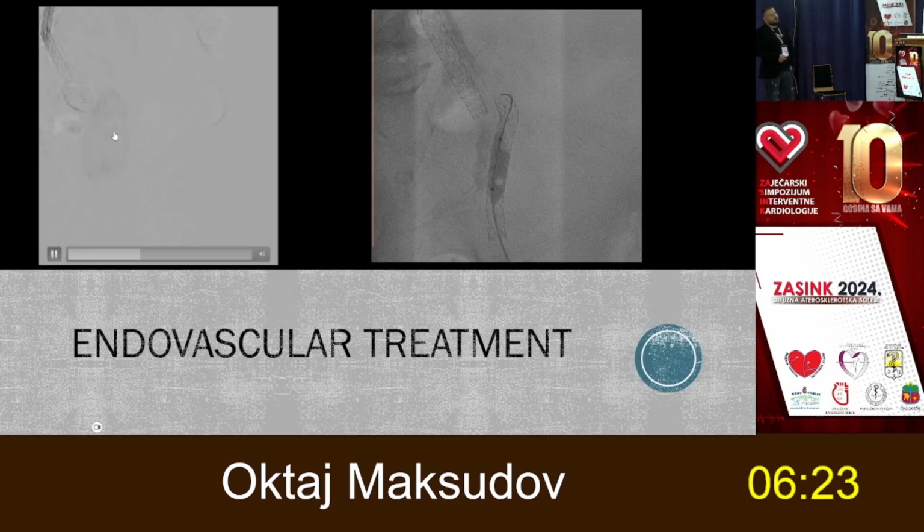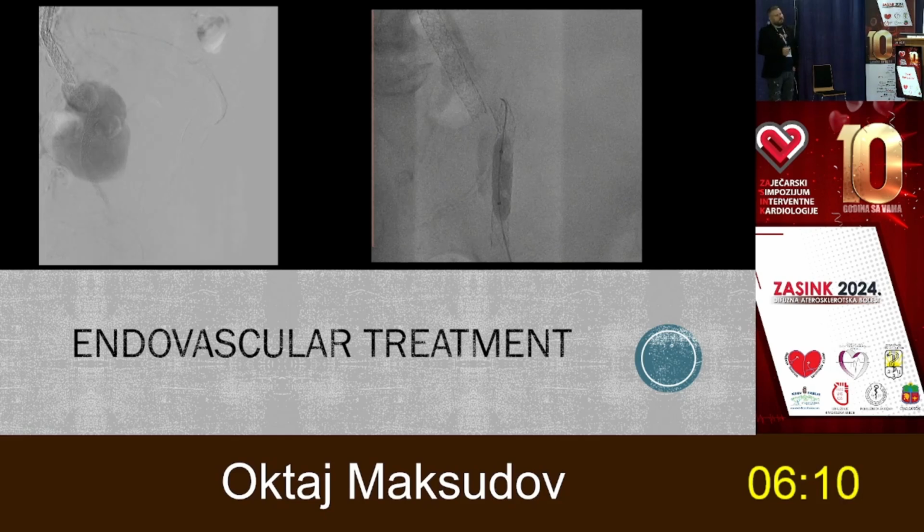So we tried to make an alignment between the two stents. First of all, we put a balloon and tried to pull back the second stent, to put the wire into the first stent and make an alignment with the third stent, to make the exclusion of the pseudoaneurysm, but this was a failed attempt.